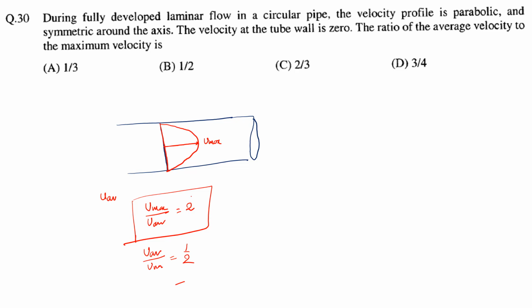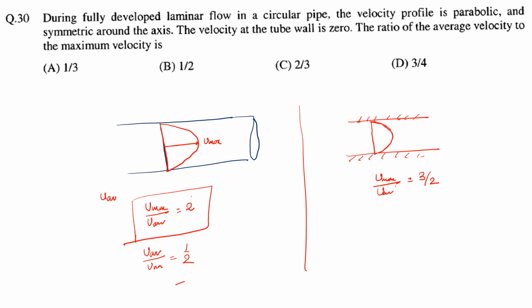Now remember guys, if there is a parallel plate where the fluid passes through the parallel plate, here also the velocity profile would look somewhat similar, but here u max by u average will be equal to 3 by 2.